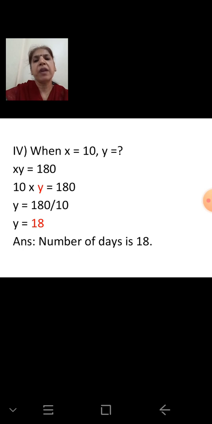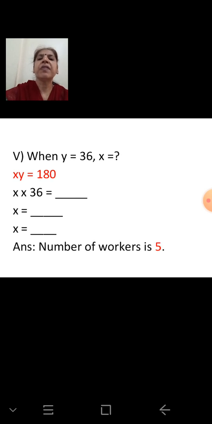Now the next pair of values, we have to find, that is when y is 36, x. Now this is this pair of values. First step, equation of variation, that is xy is equal to 180. Next step, substitute the values. The value of x we have to find, multiplied by y, 36, is equal to 180. So in this dash place what we will write, 180.